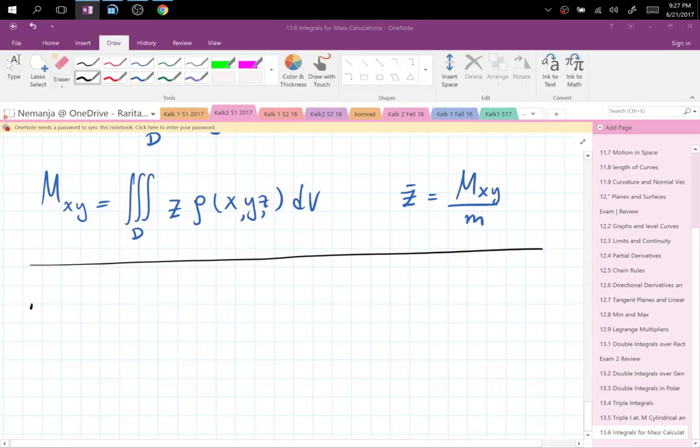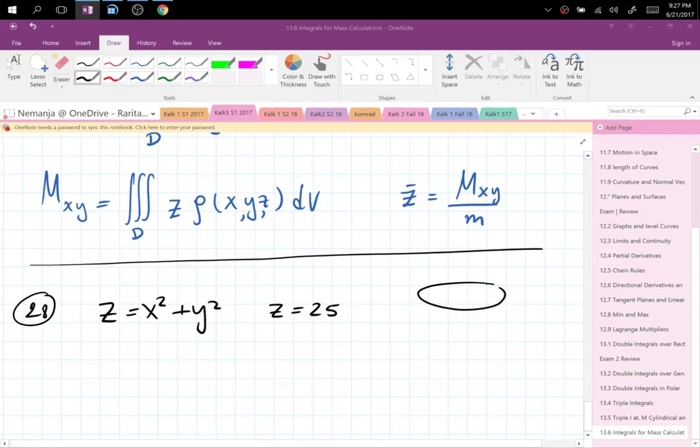So let's take a look at 28. It's a constant density. We have a solid bounded by the paraboloid z equals x squared plus y squared, and the plane z equals 25. So if I draw this, it's going to look like this. Right?